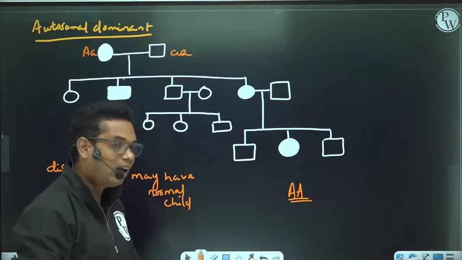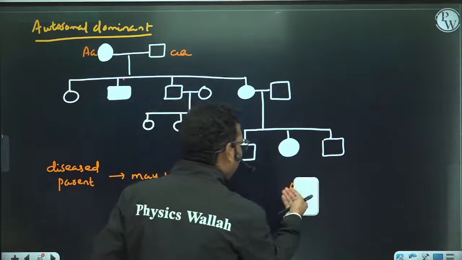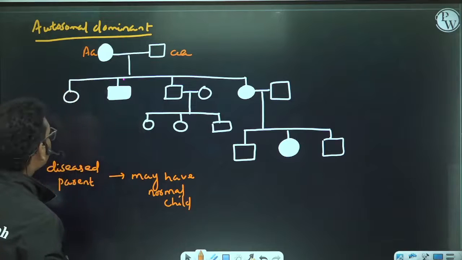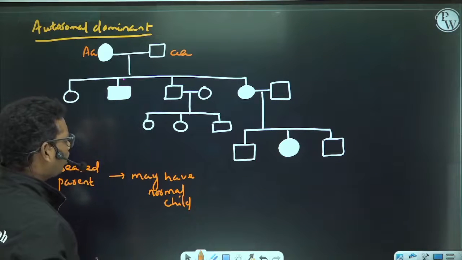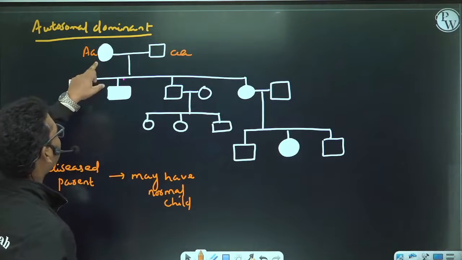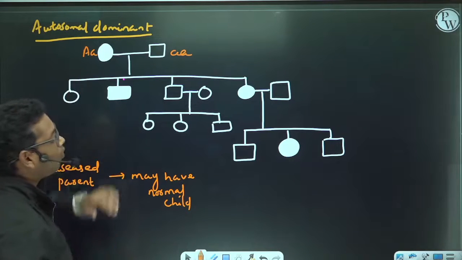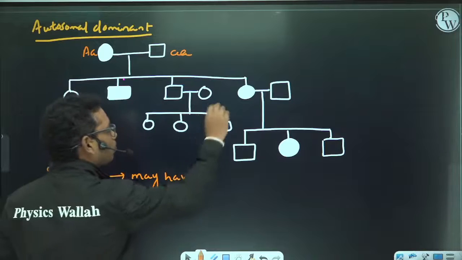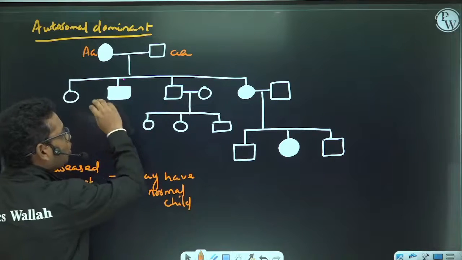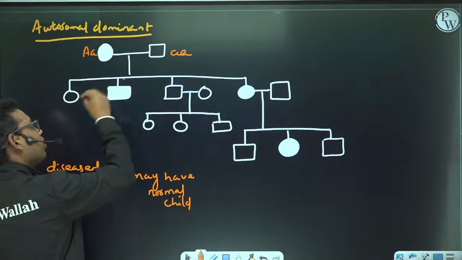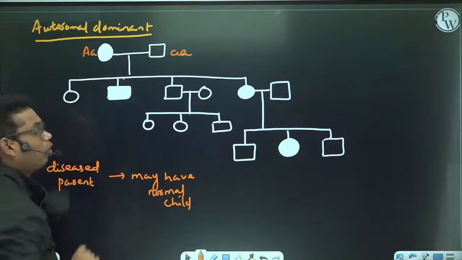To decide whether to write capital A capital A or capital A small a, I have to look at the progenies. If all the progenies are affected, it will be capital A. If some progenies are normal, that means it will be capital A, small a.